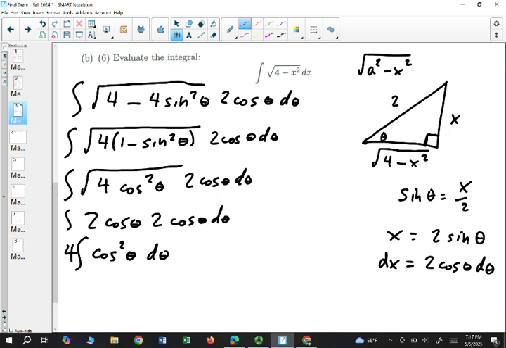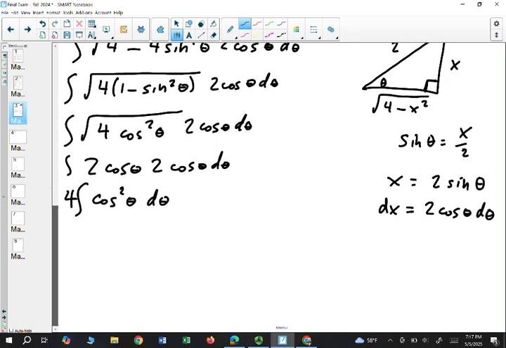Now we cannot integrate that, so we're going to have to use a trig identity to replace the cosine squared. A very common trig identity for cosine squared is 1 plus cosine of 2 theta all over 2 d theta.